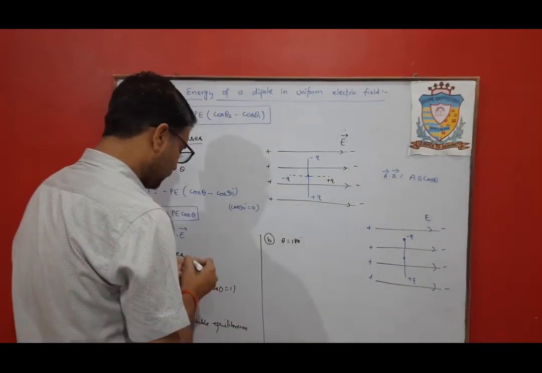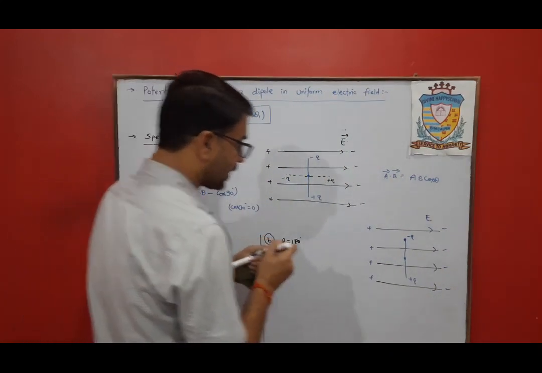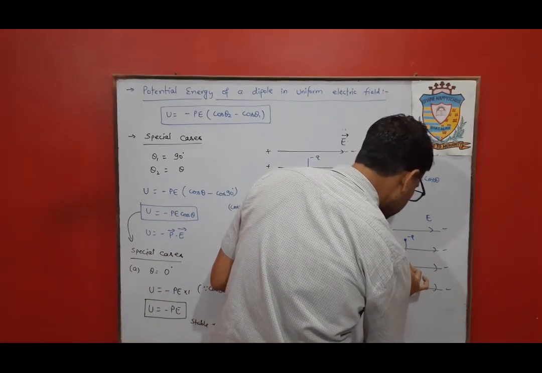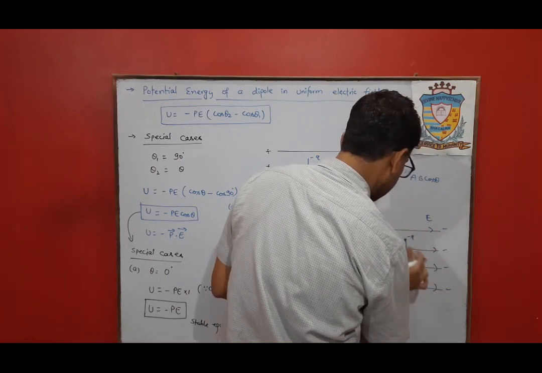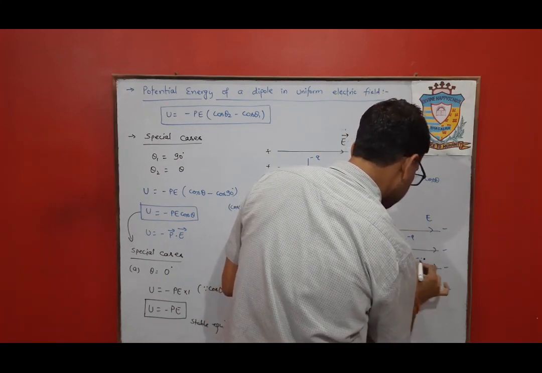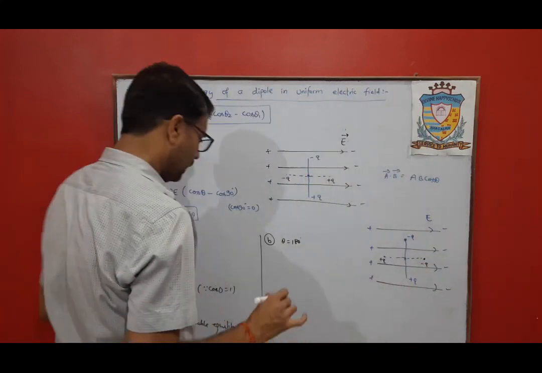If theta is equal to 180 degrees, the final position will be at 180 degrees. That means here is the positive charge and here is the negative charge.